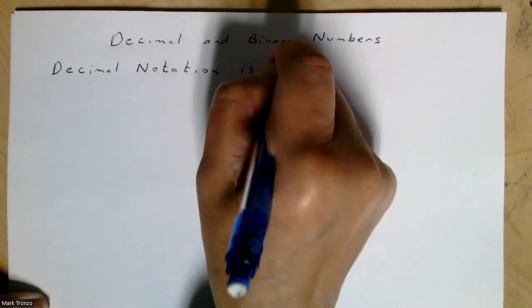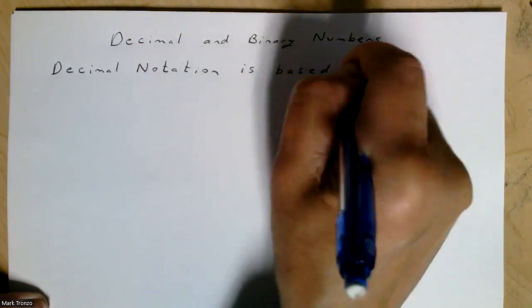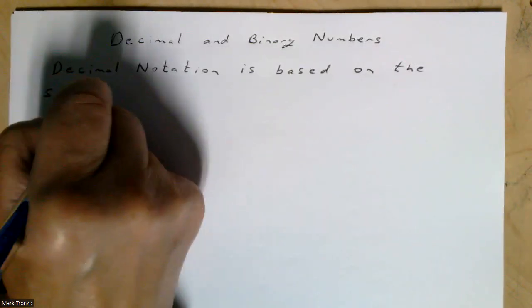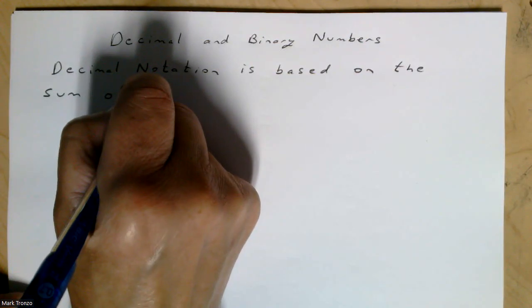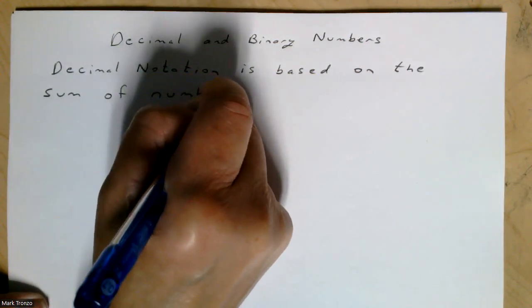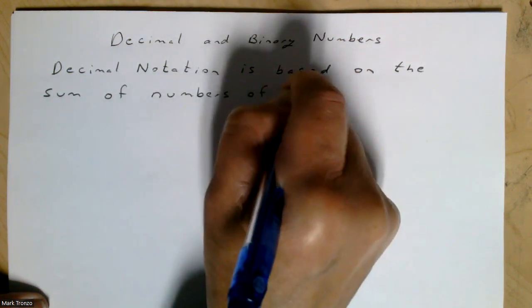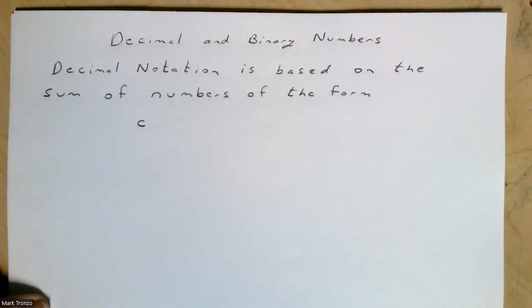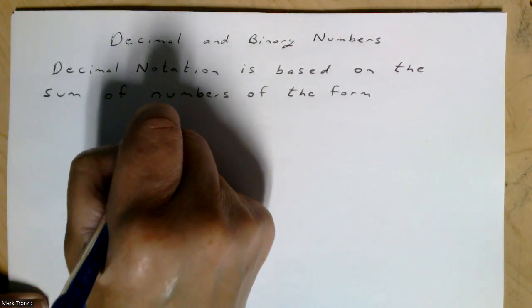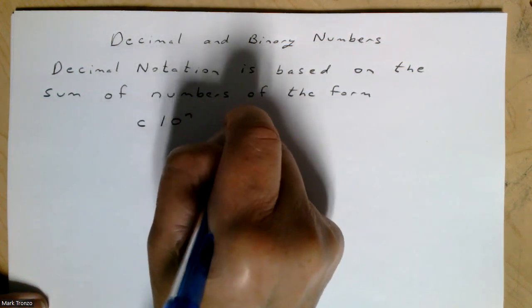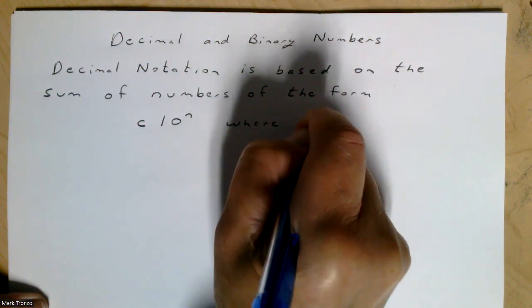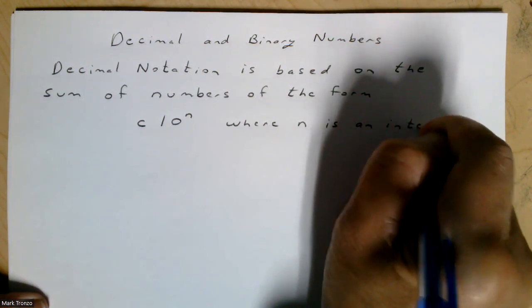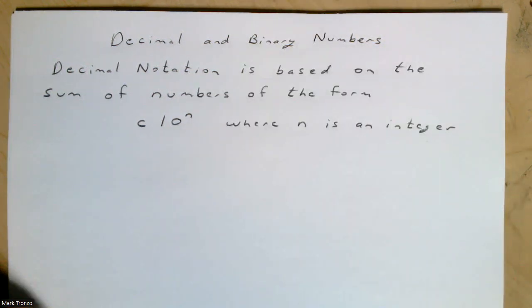And this is based on the sums of numbers of the form C, where C's are constant, times 10 to the n, where n is an integer.